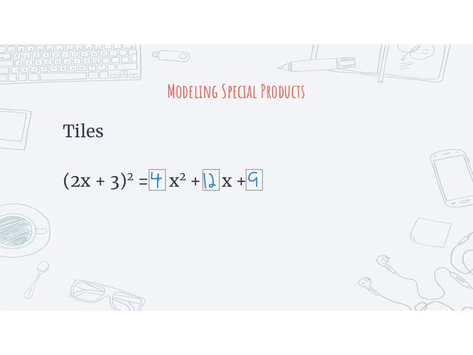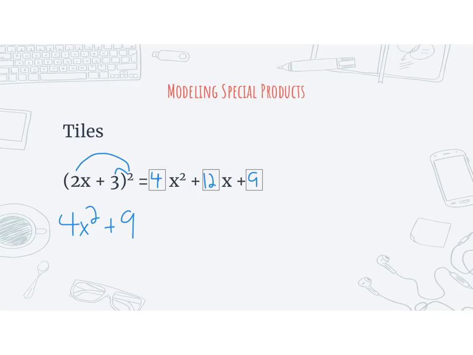Now the mistake that most students make on this is they distribute the power in and they get 4x squared, and then you distribute the power into here and we get plus 9.